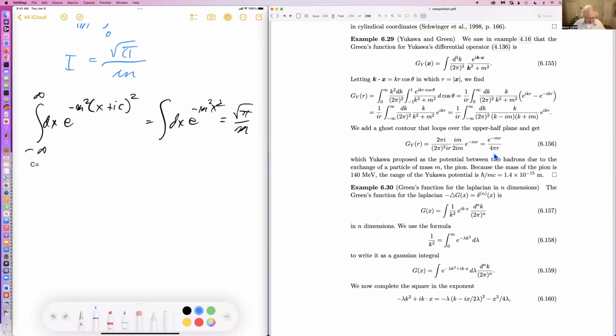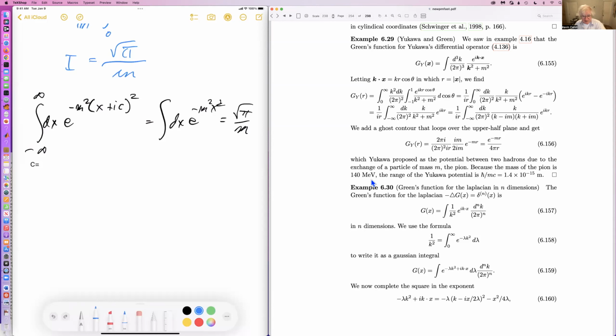Originally, people thought that the mu meson, which was seen in cosmic rays, was the Yukawa particle, but it then turned out that the mu meson interacts electromagnetically and weakly, but not strongly, and so it was actually the pion that is relevant here, and the mass of the pion is somewhat heavier than the mass of the muon.